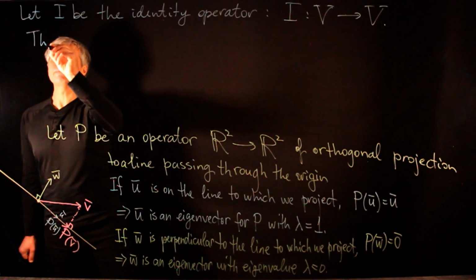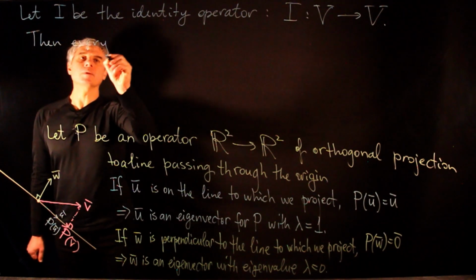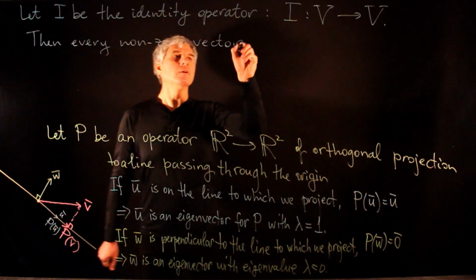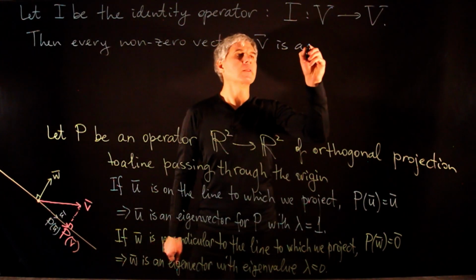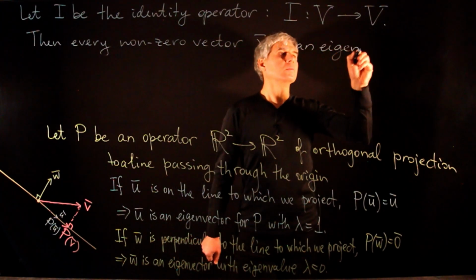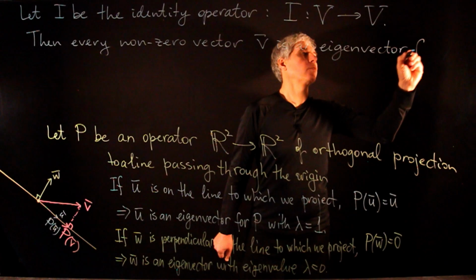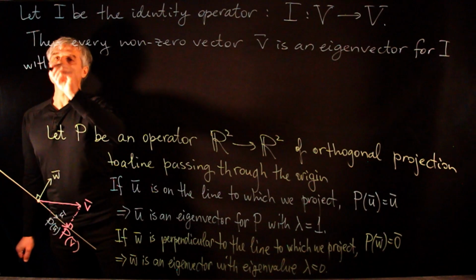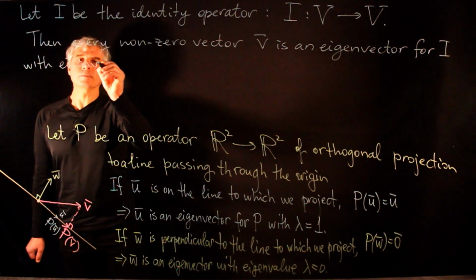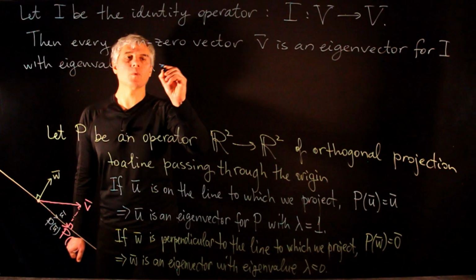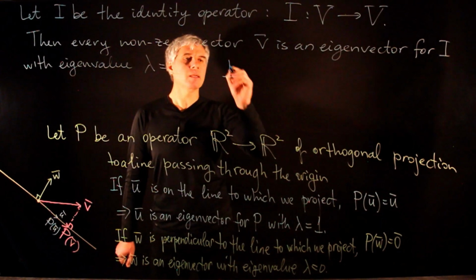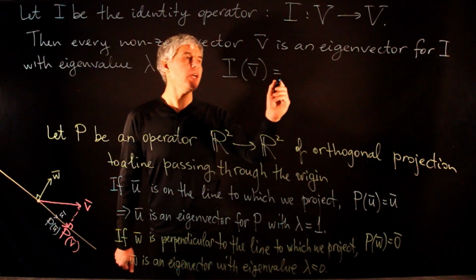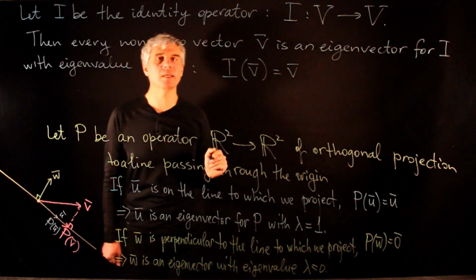Then every non-zero vector V is an eigenvector for I with eigenvalue lambda equals 1. This is because the identity operator does not change the vector. So I applied to V is equal to V, which is 1 times V.